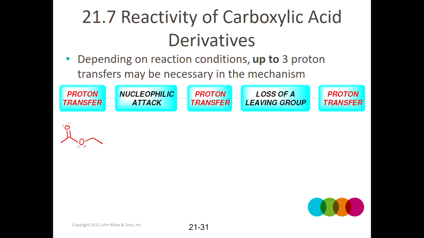And say we want to react that with water. So these are both relatively stable and not very reactive.